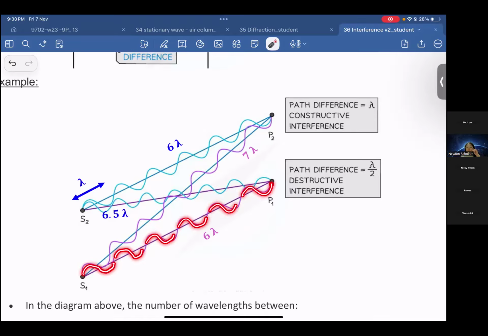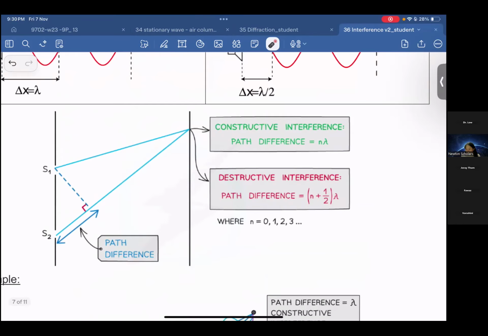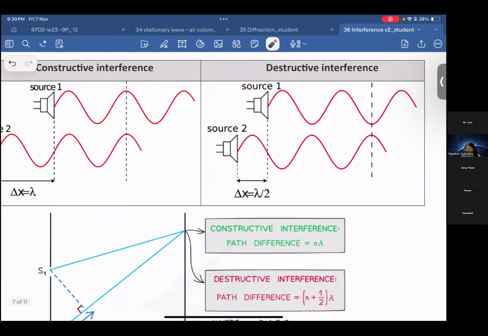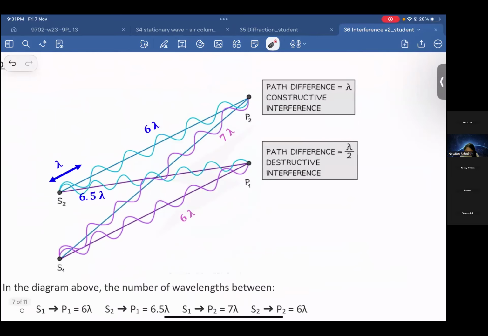S1 travels 6 wavelengths, S2 travels 6.5 wavelengths. That means their path difference actually is half a wavelength. So when half a wavelength different, you see, at here this one is crest, this one coming is trough. Crest plus trough, at the end, they form a destructive.